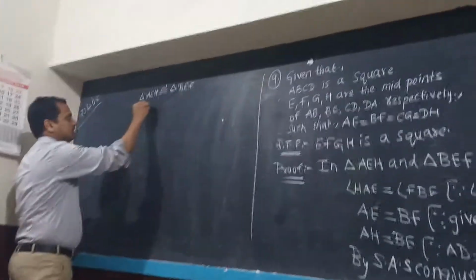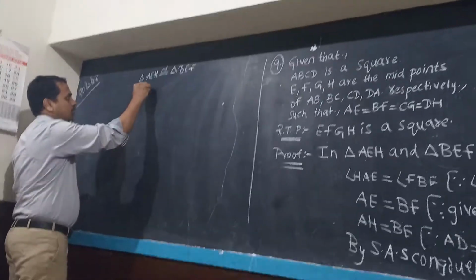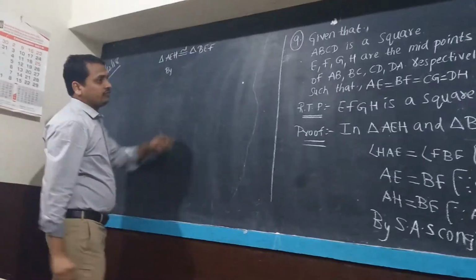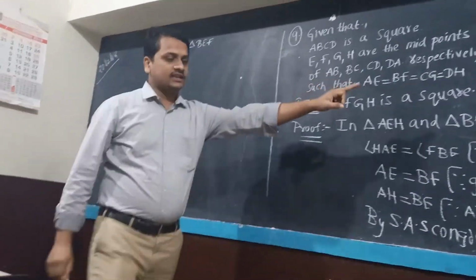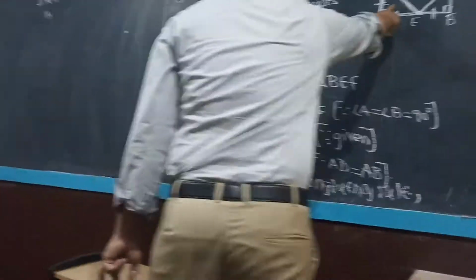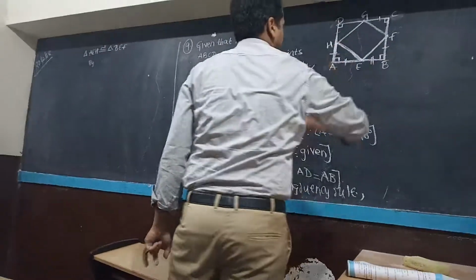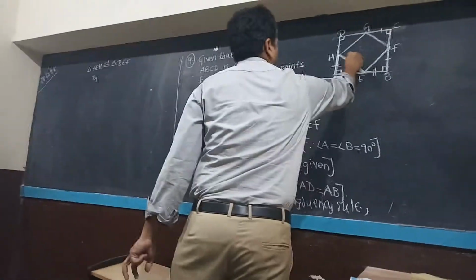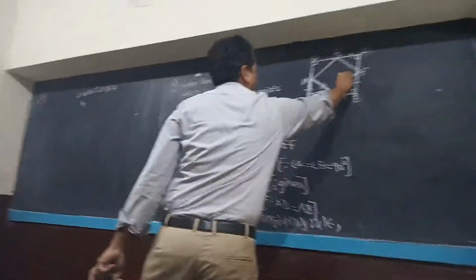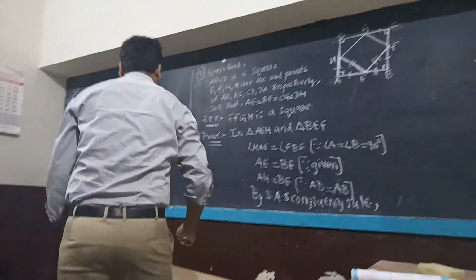So we have proved that these two triangles, triangle AEH and triangle BEF, are congruent. So what can you say about side HE and side EF?